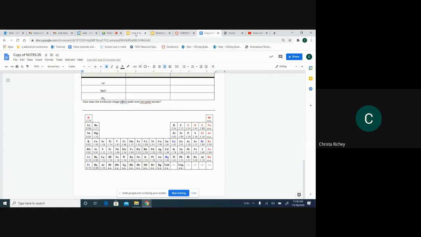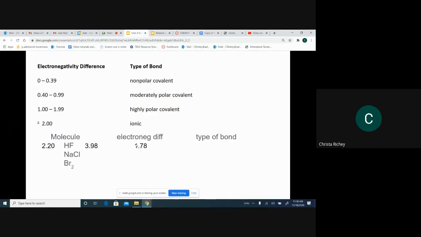So 3.98 minus 2.20 is 1.78. If this is your difference, which of these is hydrofluoric acid? It's highly polar covalent because it falls in right here.